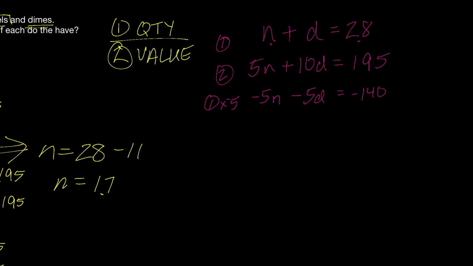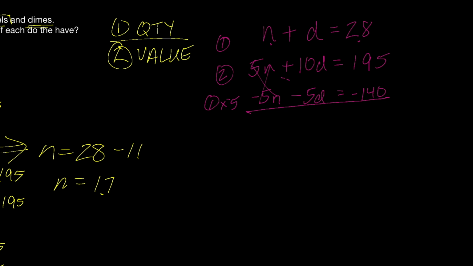So now I would like to add these equations together. That is why we wanted to make this guy be the opposite of this guy. So 5 and negative 5, those add off. So that's what we wanted to do. We wanted to use elimination and eliminate the n's.